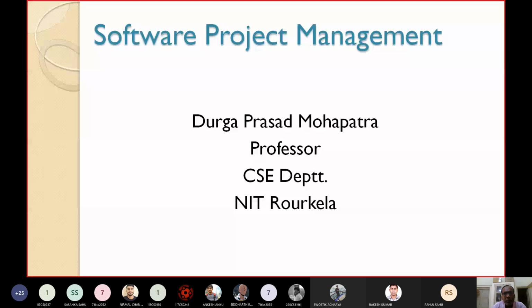FP stands for function point. We have already discussed LOC in the previous classes, and we have seen its drawbacks. That's why nowadays very few people use LOC as a measure for size. Most software developers or practitioners use function point for estimating the size of the software.